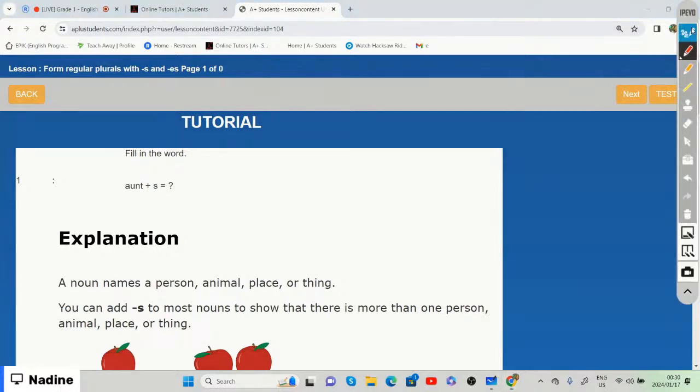So if we, for example, write the word "and" and we add an S, then what word is it going to make? It needs to show a plural form.